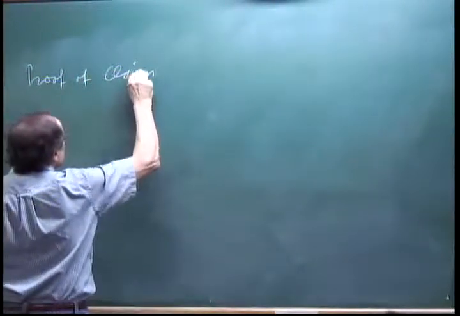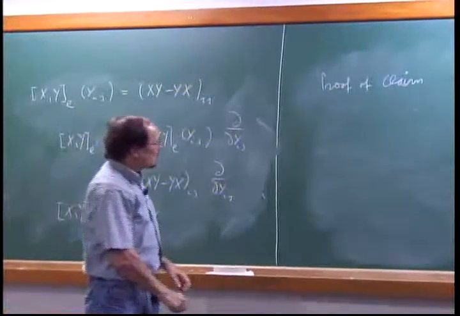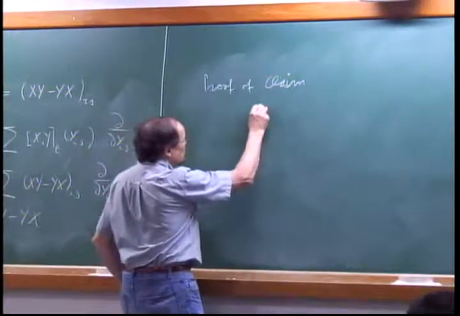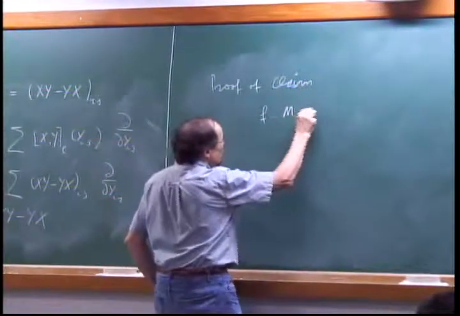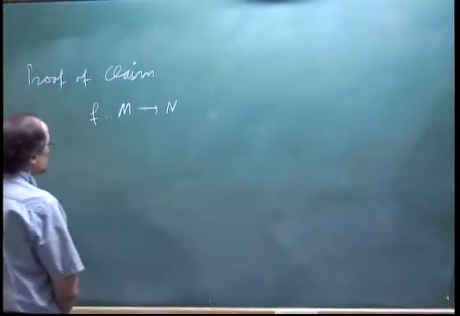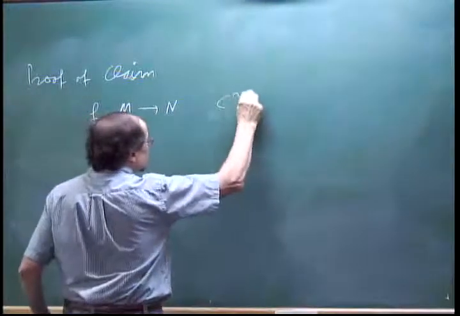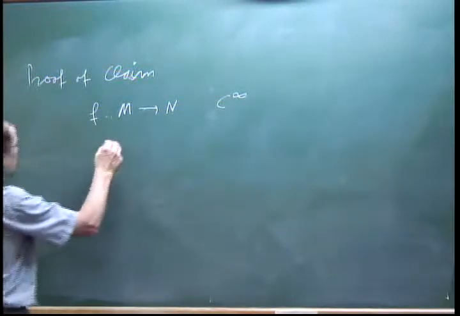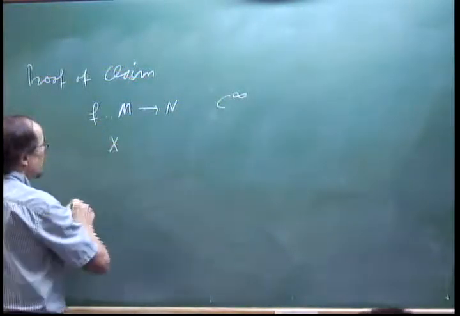For this, one has to remember something about Lie brackets, something a little bit more general than what I used before. So here's the general property of Lie brackets. Let's say I have a map F from M to N, which is just C infinity, not a diffeomorphism. And I have two vector fields, X and Y.